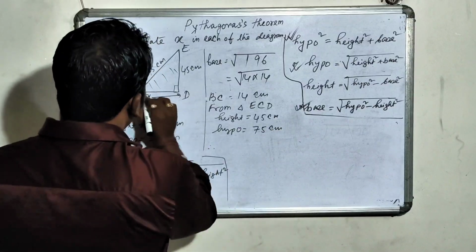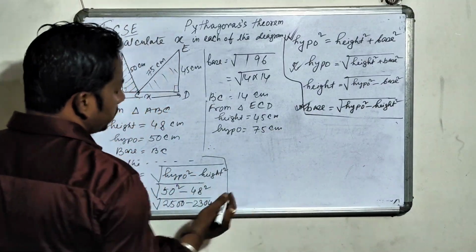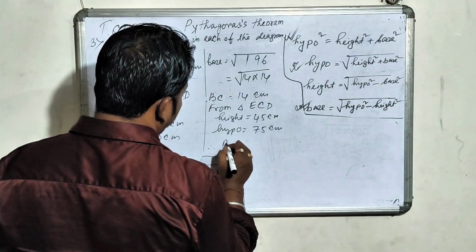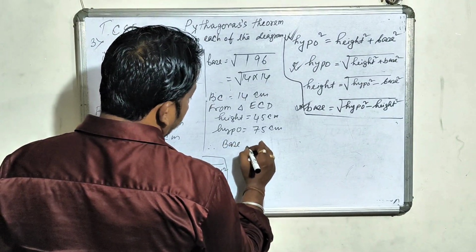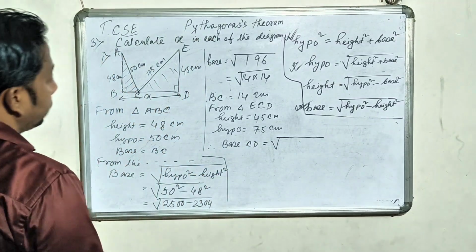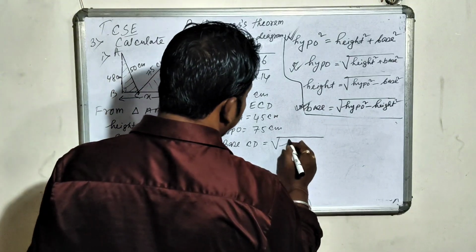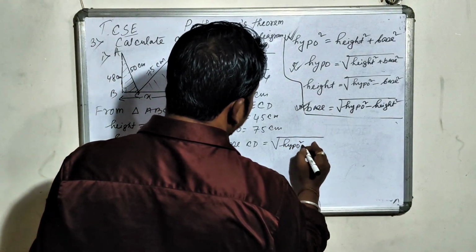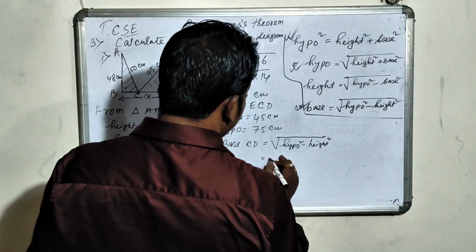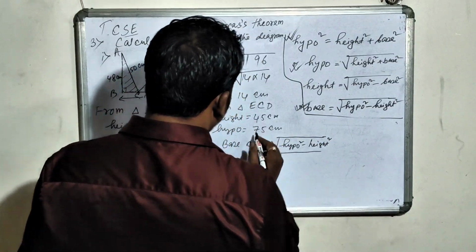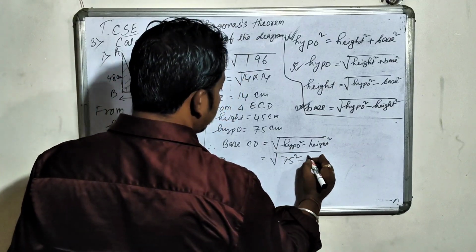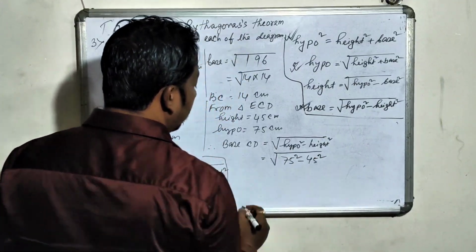Therefore base CD equals root of hypo square minus height square, that is 75 square minus 45 square.